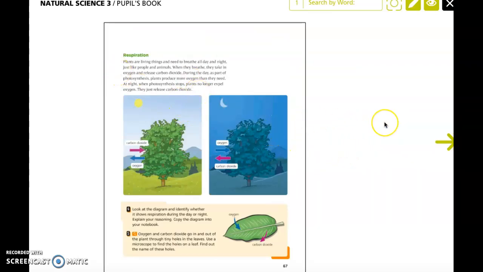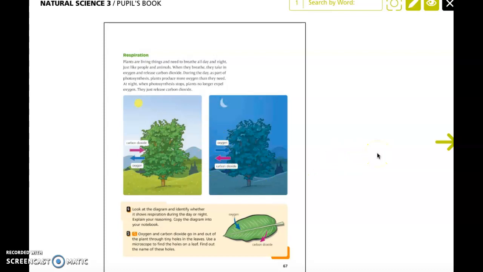Respiration. This is how the plants breathe, okay? Plants are living things and need to breathe all day and night, just like we do, okay? Just like people and animals. When they breathe, they take in oxygen and release carbon dioxide, okay?